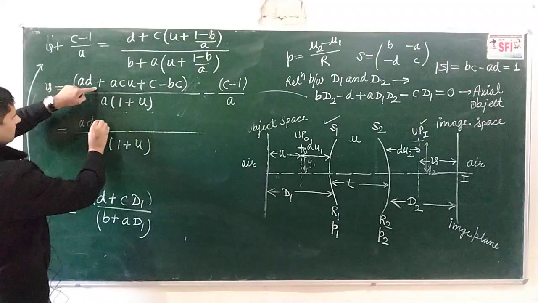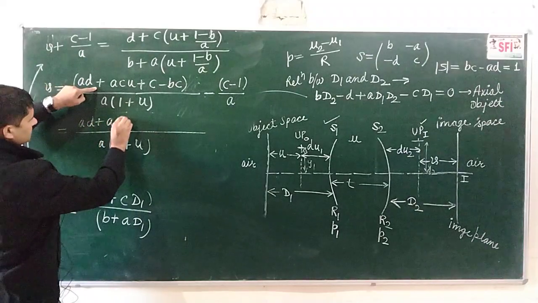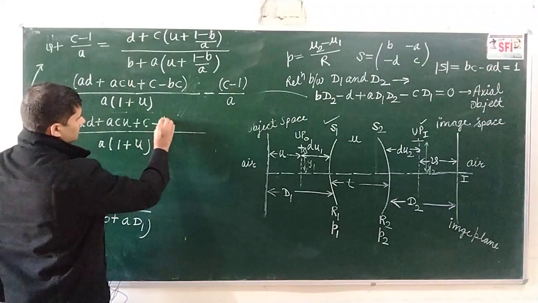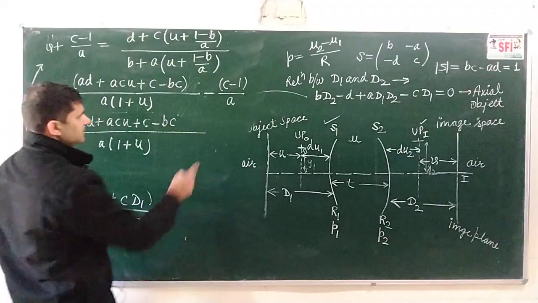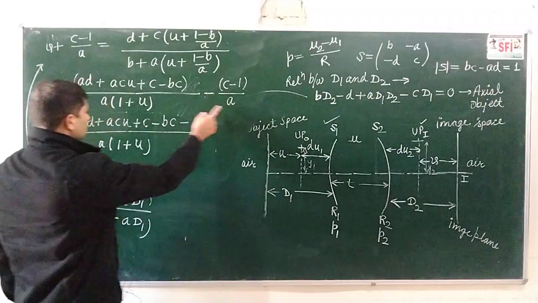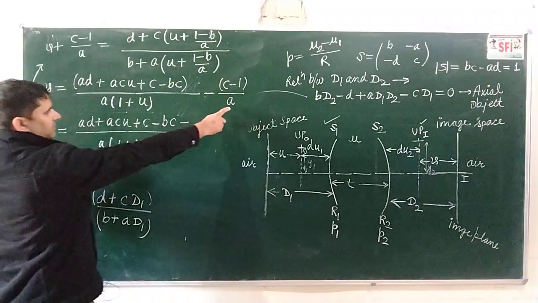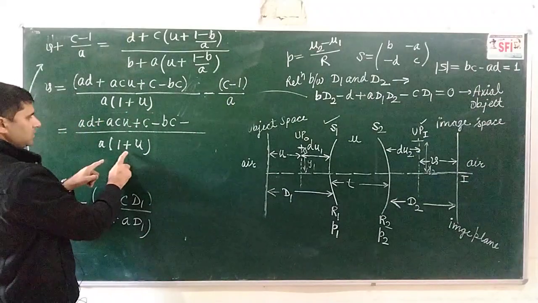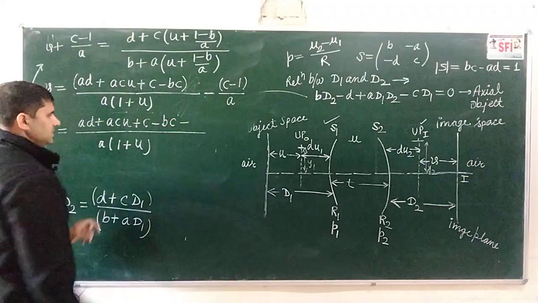This is AD, then plus ACU, then plus C and minus BC, and here you will see one A will cancel, and you are to multiply C minus A with 1 plus u, and negative sign is here.